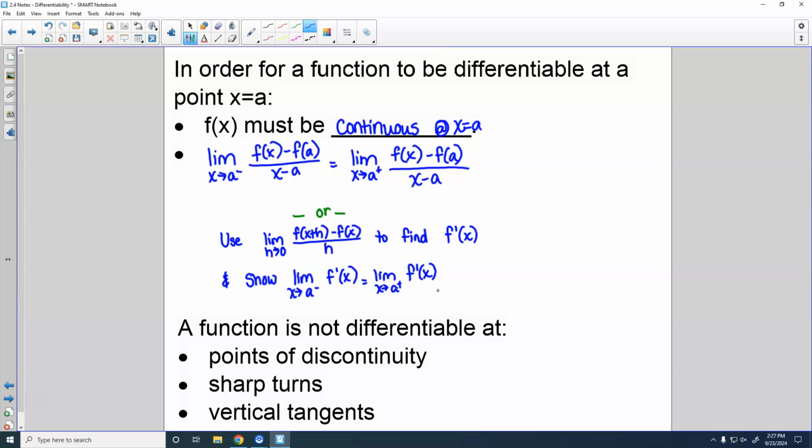So either one of those limit definition of a derivative equations can be used, just depending on which one you're more comfortable with or would like to use there.